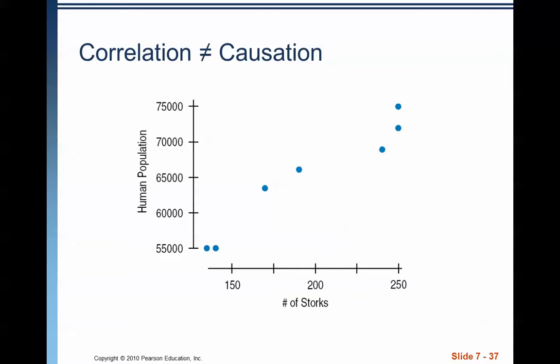Here's a fun one. Here's a graph of the number of storks. This is a study that came out of, I think it was Germany or something. It's a European country, I can't remember which one. But they found that the number of storks in an area was positively correlated with the human population of an area. Conclusion: the storks are bringing more babies. The more storks there are, the more babies show up, right?